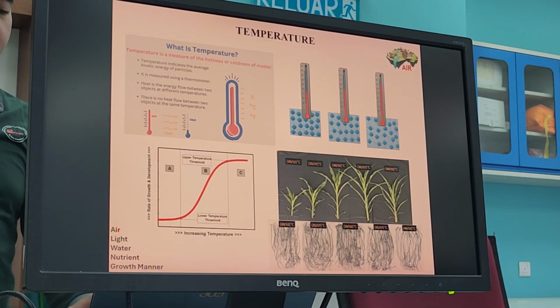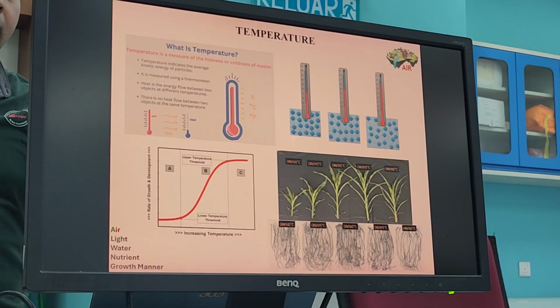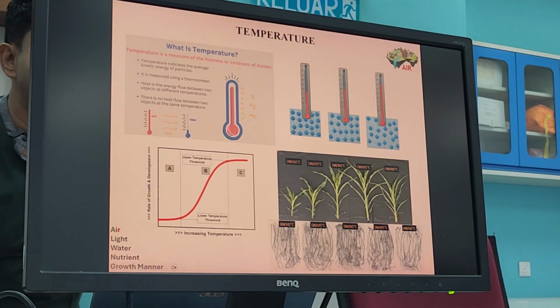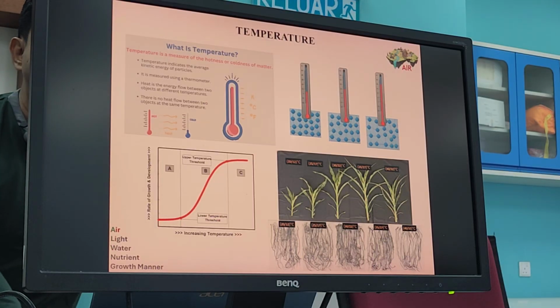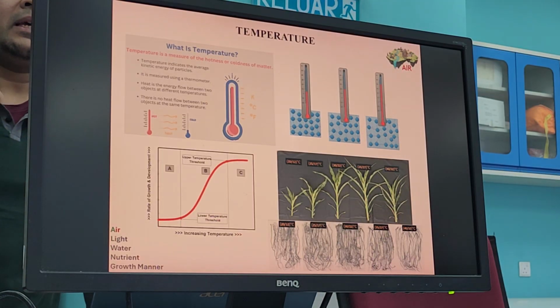Right? So temperature is very important. And I've shown some images of the plants as you increase the temperature. Of course, if it's too cold, it's not going to do the plant any good either, because the temperature, the heat, is actually energy.